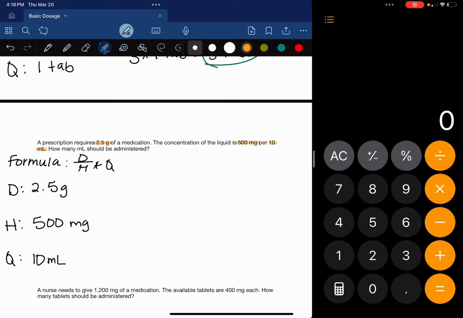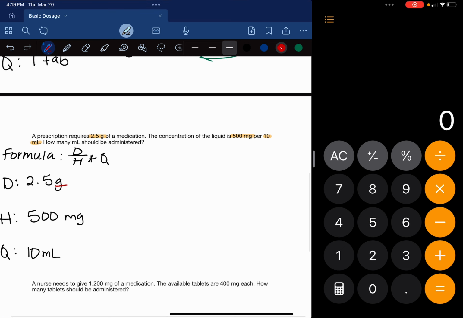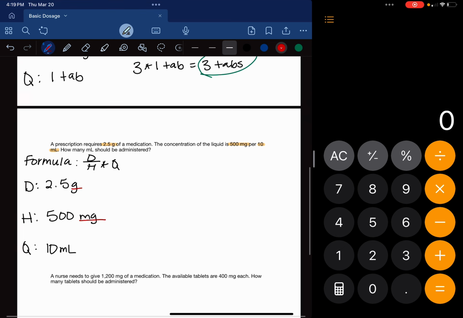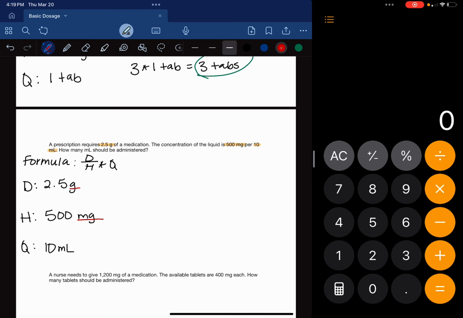All right. So, let's see. Something doesn't match here. And what's that? This gram and milligram. So, let's just make it easy and go ahead and convert this to this.